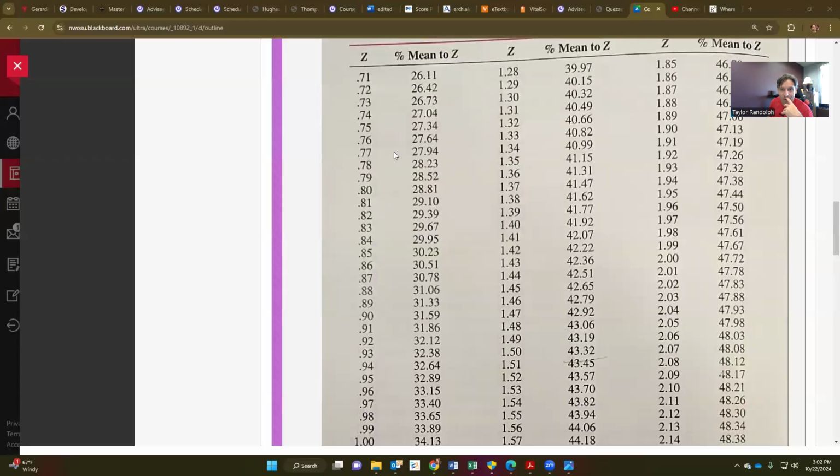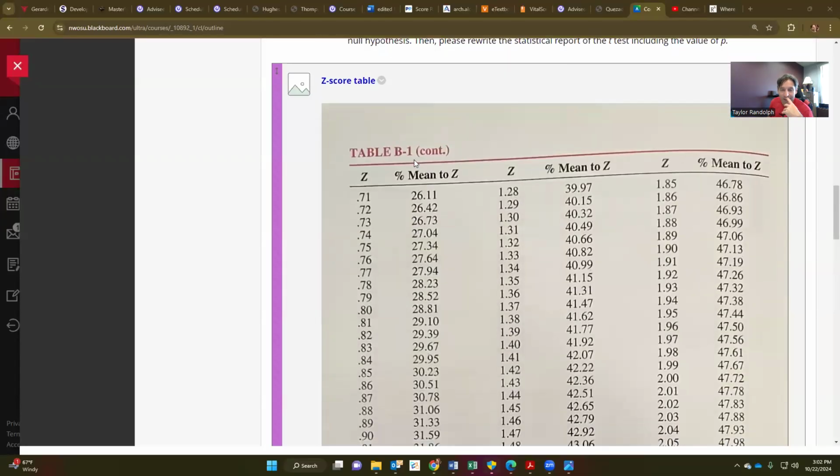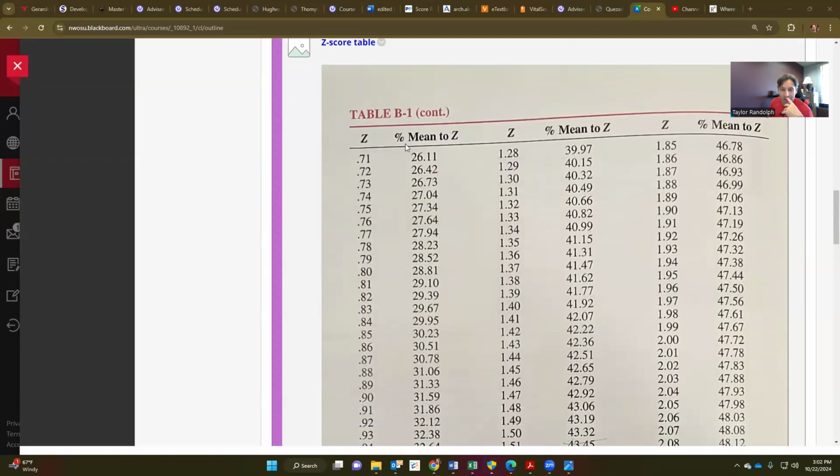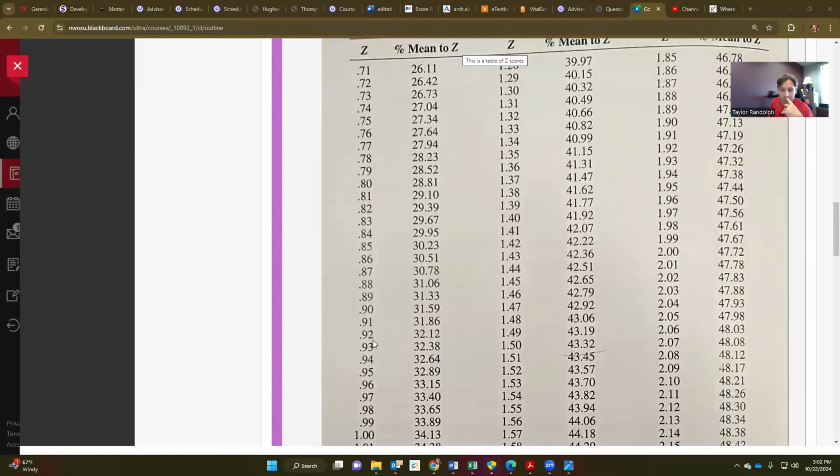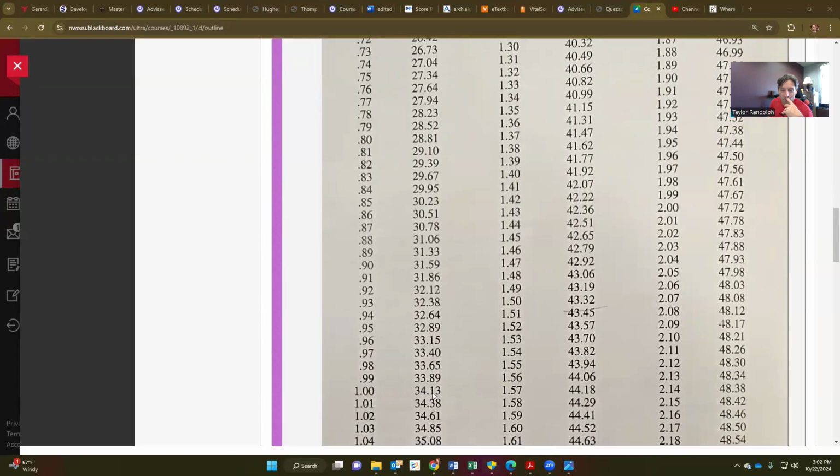And that is what this z-score table is telling you: the percent of scores from z to the mean. So 1 is 34% roughly.